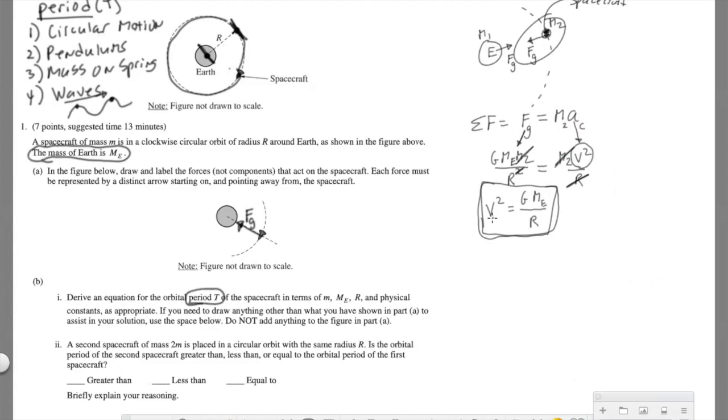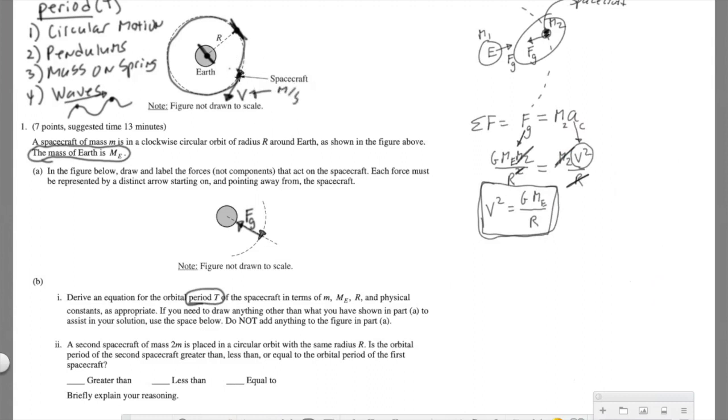Okay, so the only way to get period in here is for an object in a circular path. So let's look at the spacecraft traveling around the Earth. This spacecraft has a linear velocity. Like if the spacecraft suddenly left the circle, it would have a velocity measured in meters per second.